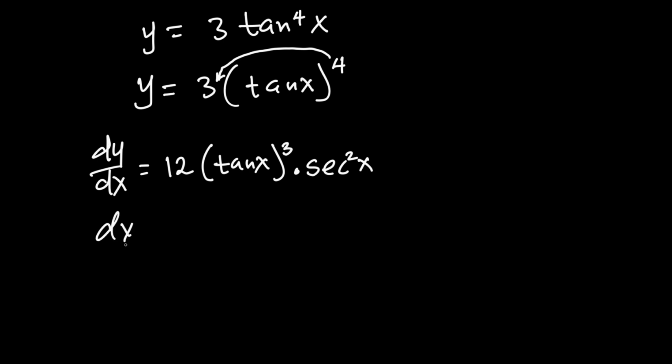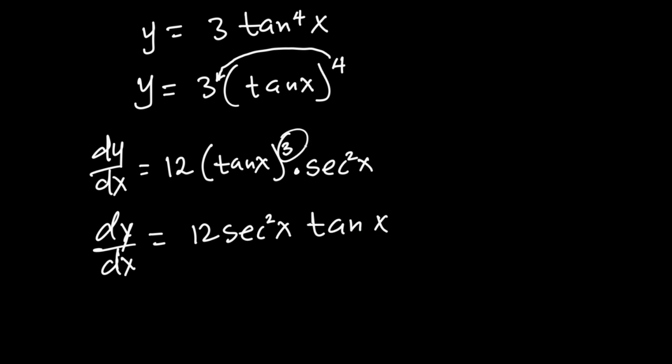So dy/dx is equal to 12 secant squared x, then tan x all raised to the 3rd power, but I'm not going to do that because it does not accept powers this way. And that is it for this problem.